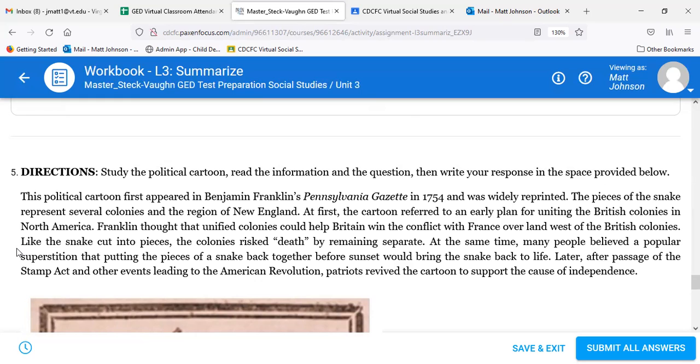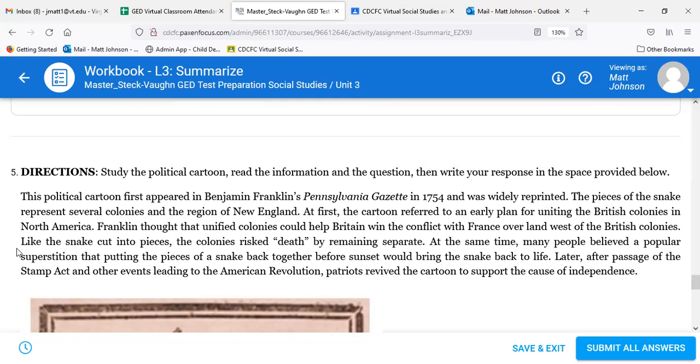Like the snake cut into pieces, the colonies risked death by remaining separate. At the same time, many people believed a popular superstition that putting the pieces of a snake back together before sunset would bring the snake back to life. Later, after passage of the Stamp Act and other events leading to the American Revolution, patriots revived the cartoon to support the cause of independence.